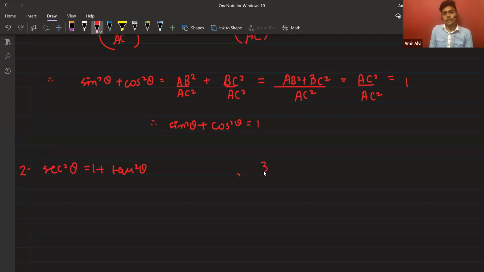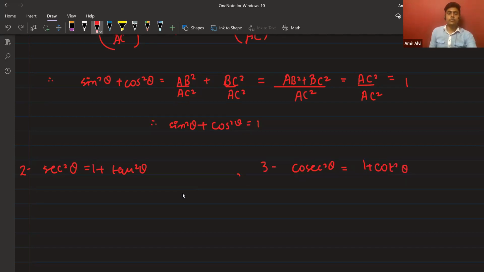Another, the third identity, is cosec square theta is equal to 1 plus cot square theta.